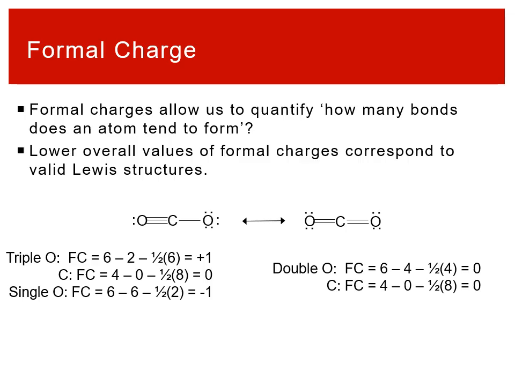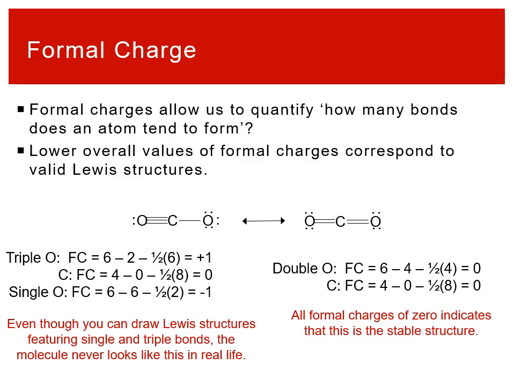If I look at the double bonding choice, both double bonded oxygens have a formal charge of 0, and the carbon also has a formal charge of 0. Because they are all 0, this is the best Lewis structure. Not only do all of my atoms have full valences and complete octets, they also are following their preferred bonding pattern. This Lewis structure with the triple bond and the single bond, I can draw it, and it follows all my octet rules and everything else makes sense.